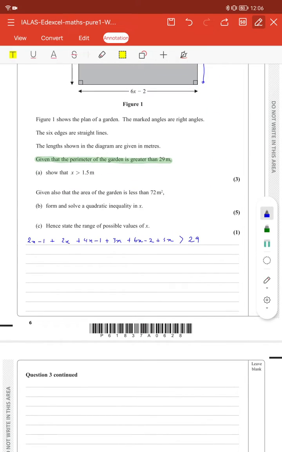And if we collect all of our x's, we get 2x, 4x, 8x, 11x, 17x, 22x. And here we get minus 1, minus 2, minus 4.